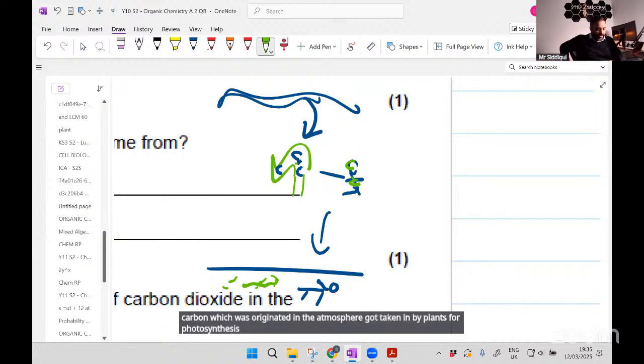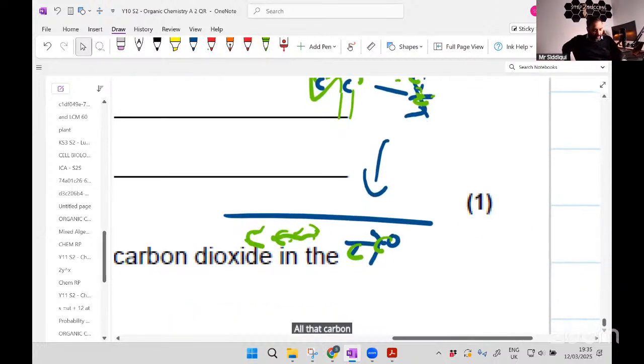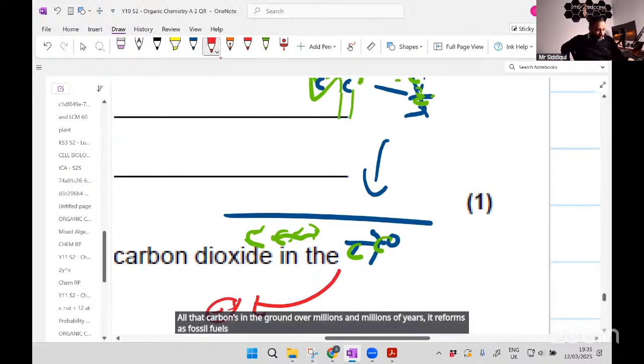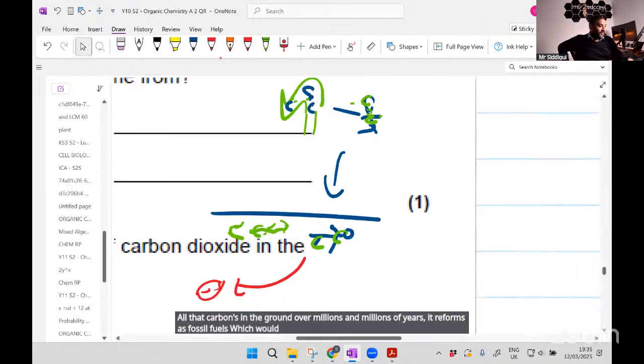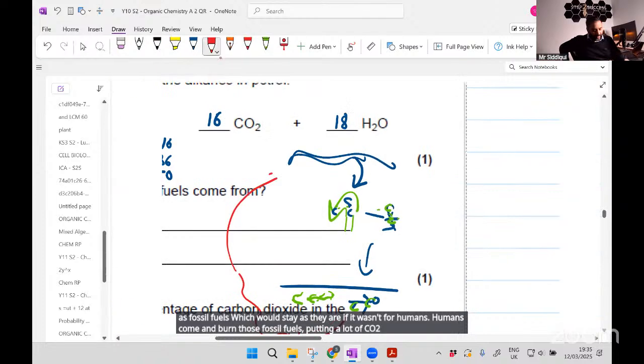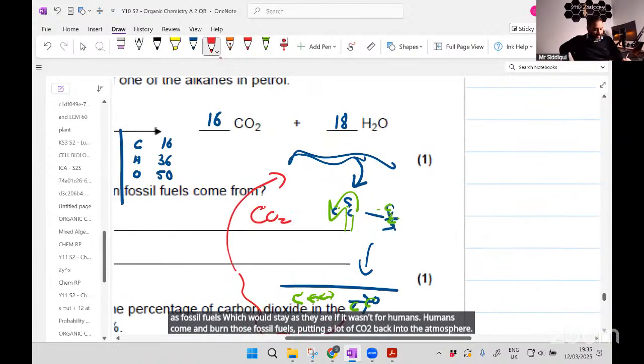Then it got either eaten by people, regardless, everybody died, everybody ended up in the ground. All that carbon's in the ground. Over millions and millions of years, it reforms as fossil fuels, which would stay as they are if it wasn't for humans. Humans come along and burn those fossil fuels, putting a lot of CO2 back into the atmosphere. And that is essentially the carbon cycle.